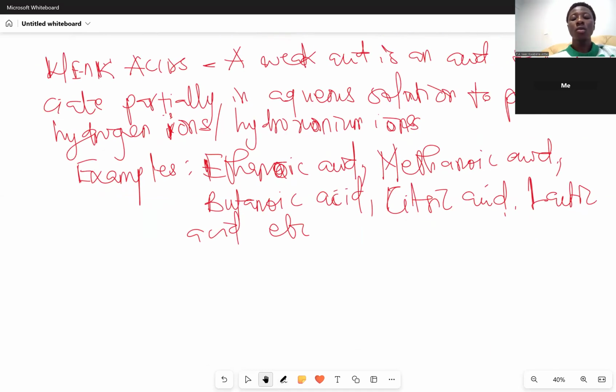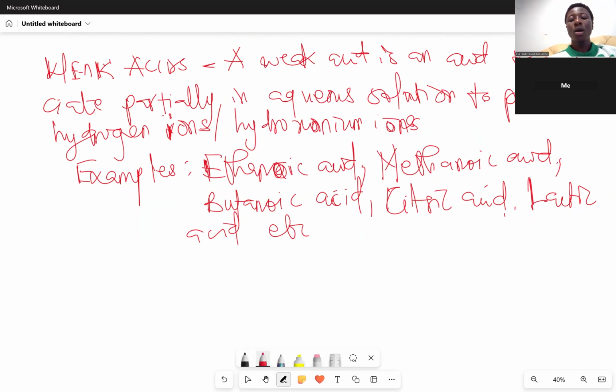Let's talk about sources of acids. Let's look at sources of acids, and then before we talk about the properties of acids. Sources of acids.